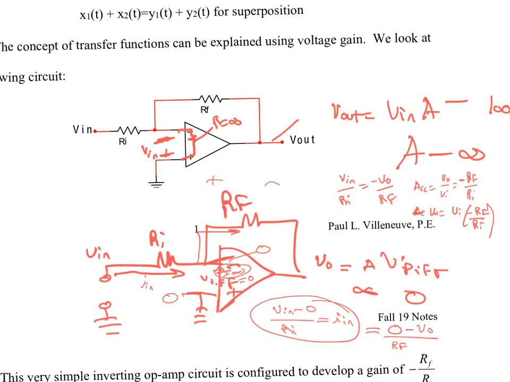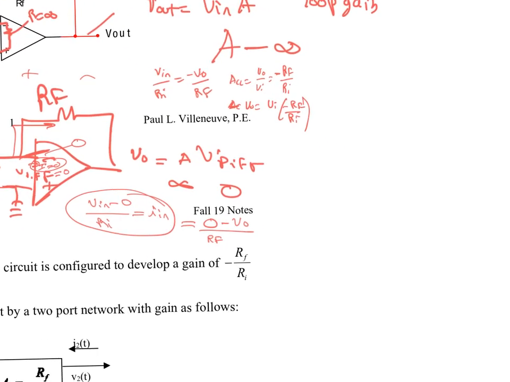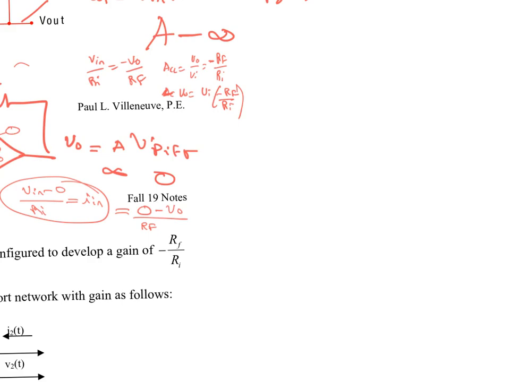So, beautiful, I have an op amp, but why do I care? I can replace that as a transfer function where I run in a V of t. I go into a box and my output is V out of t.